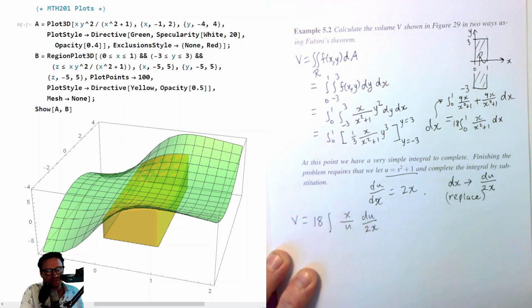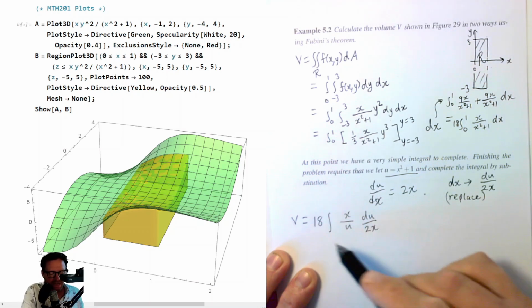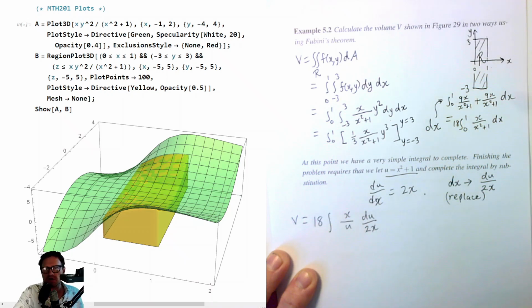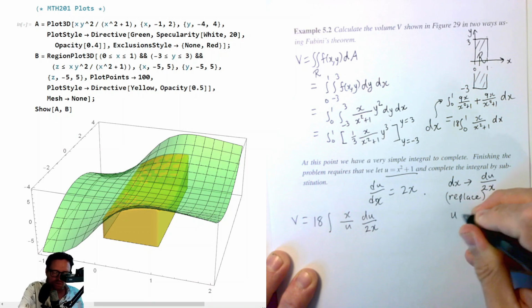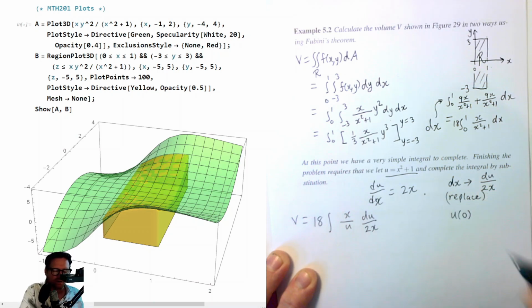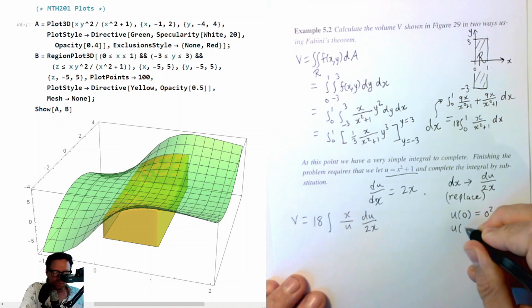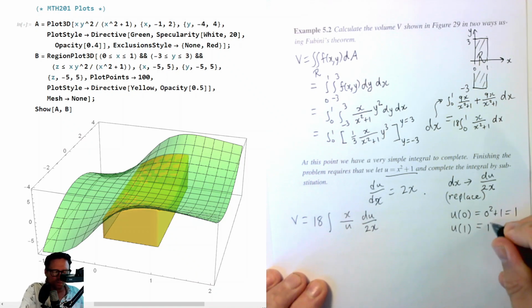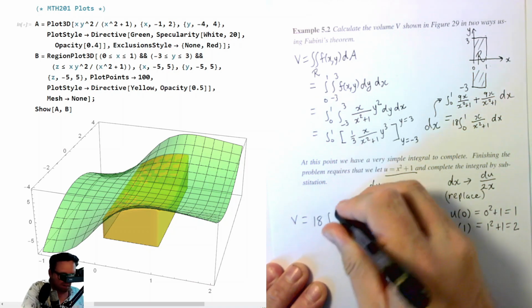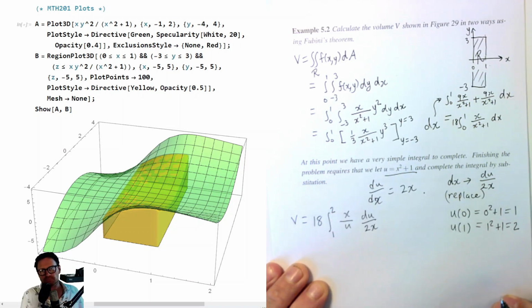So now it's an integral with respect to u, and so we have to change the bounds here to those corresponding bounds in terms of u. So to work out what those are, we have u as a function of x when x is 0, is 0 squared plus 1, and that's just 1. Now u as a function of 1 is 1 squared plus 1, which is 2. So our new bounds are 1 to 2.